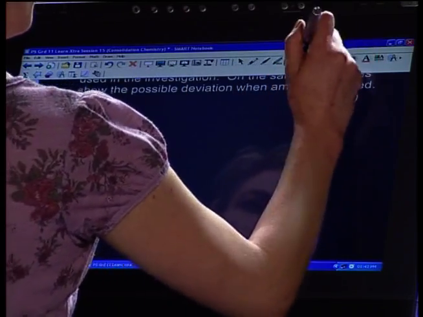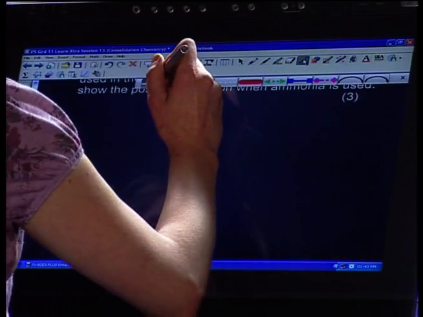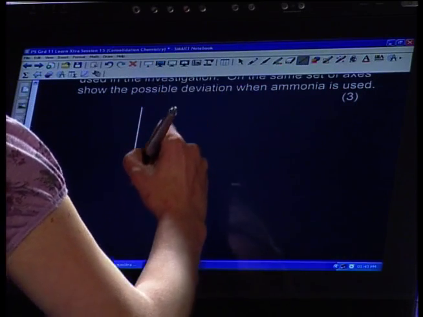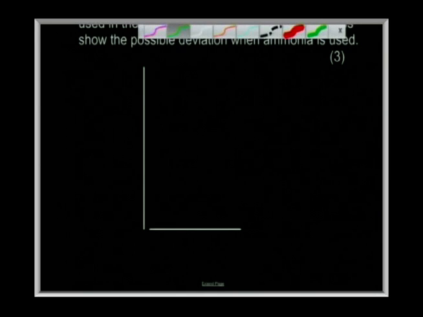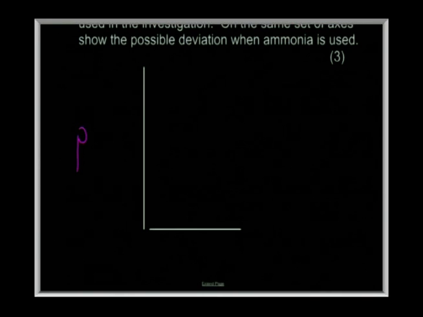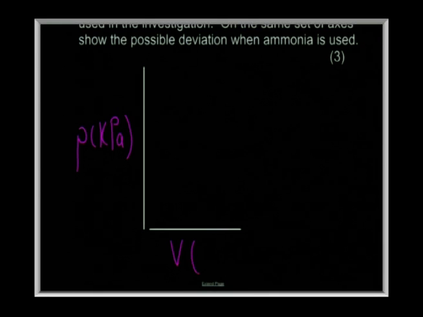I'm going to start off, because it's a science show, and because it's really important that you guys draw your diagrams properly, I'm going to use my ruler for this one. Right. Okay, so I'm going to put pressure in kilopascal on the y-axis and volume in cubic meters on the x-axis.